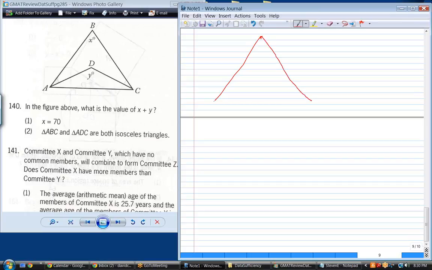Both isosceles. Well, I don't know if that's telling me much by way of angles. Well, think graphically. Try to move these things around like I was demonstrating last time we were doing an online session. They want to know what x and y are, and the only thing they're telling us is that that's the same as that, and that's the same as that.